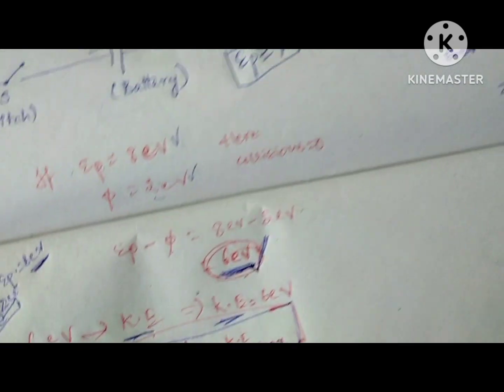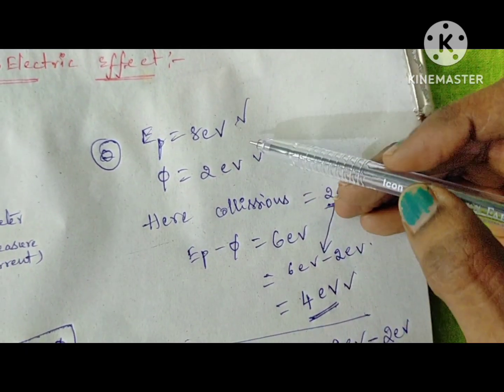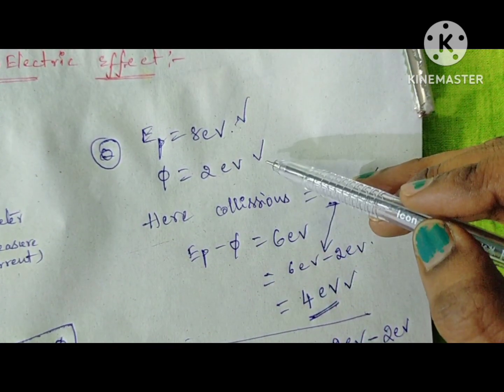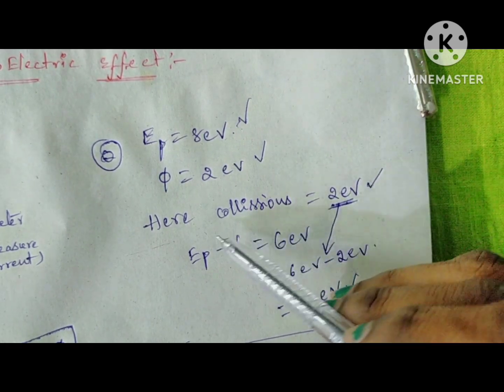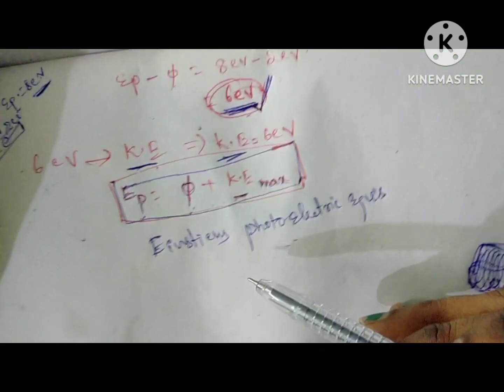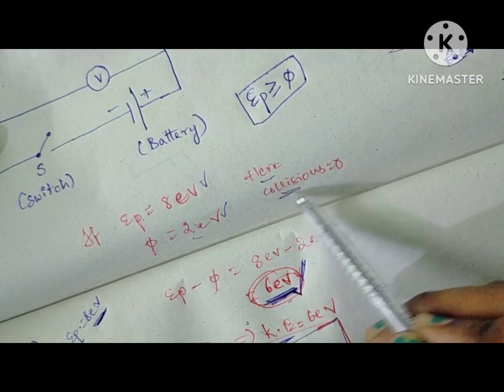So let's see one more example. If we take the energy of photon value as 8 electron volts and the work function as 2 electron volts, but here we have collisions. In the previous problem we don't have collisions. Here collisions are 0 there.